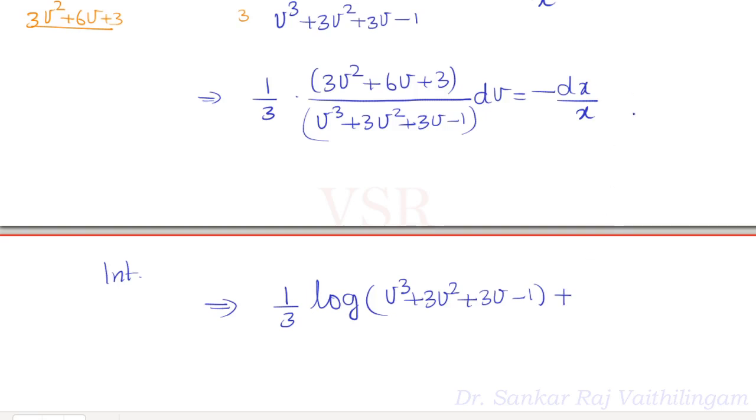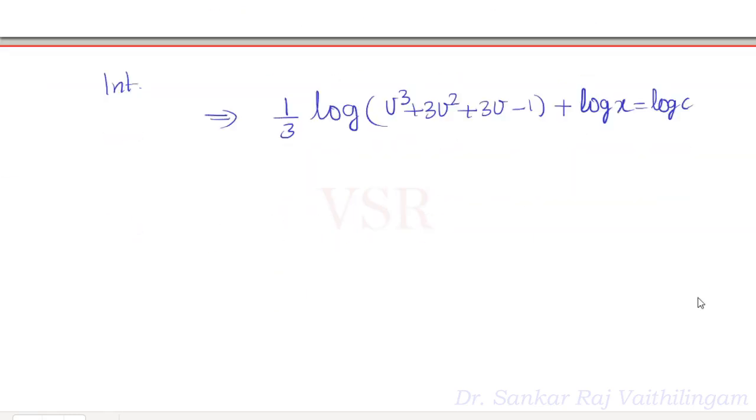On the right side, it is log x that I bring here, which is equal to log c. So what is the answer? This implies that we can take this up: log of x into v cube plus 3v square plus 3v minus 1, the whole power 1 by 3, which is equal to log c.